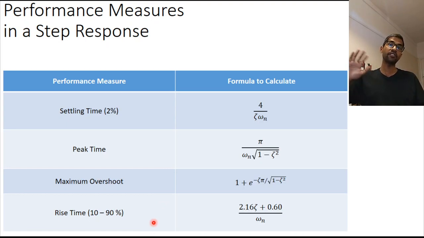Okay, so the speed of response of your system decreases. So, as you increase your damping ratio, your system responds more slowly. So basically, it's not enough to just take one of these parameters and say, I want to reduce it, because there are effects on the other parameters that you may not like.